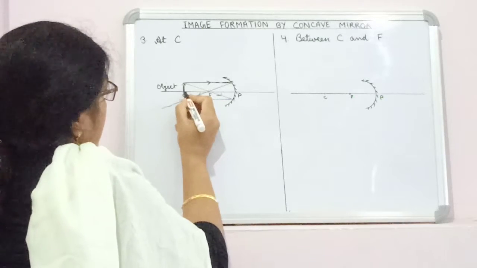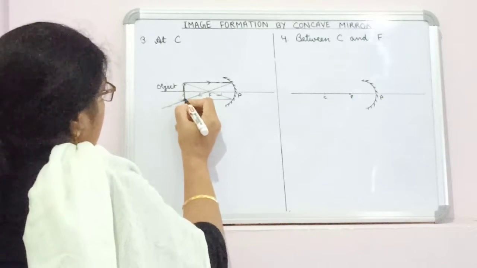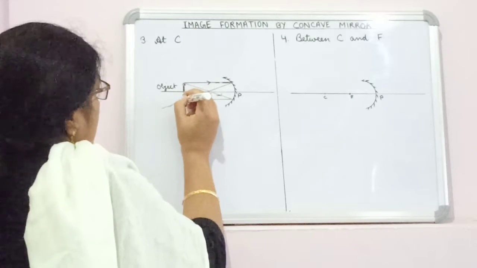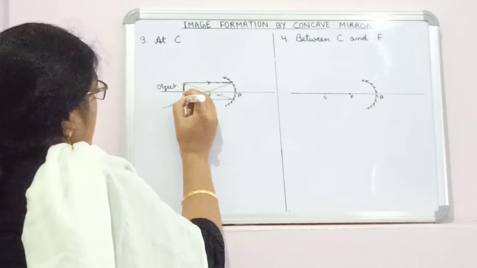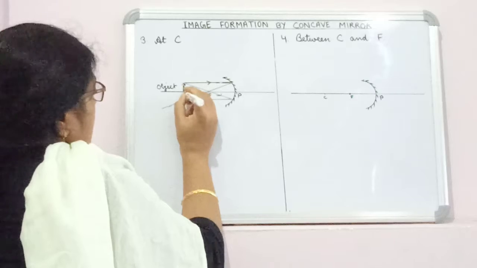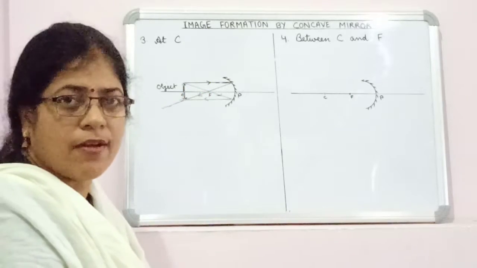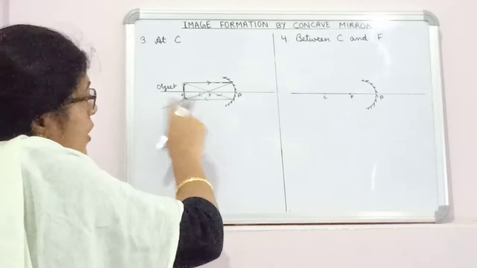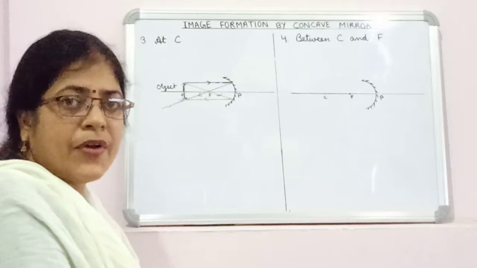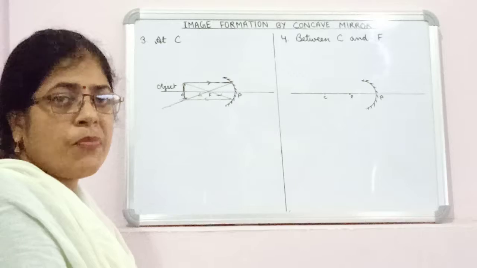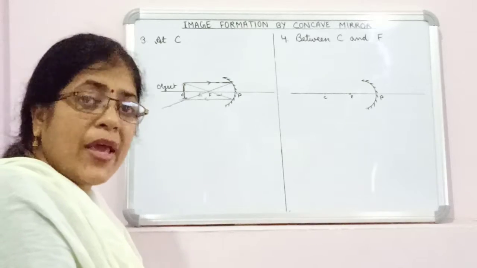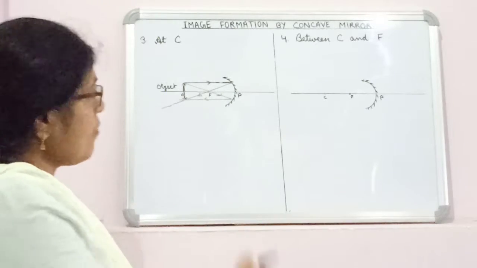And you can see here that at the center of curvature itself we are going to have the image. Wherever the reflected rays intersect with each other, we have the image of the object.